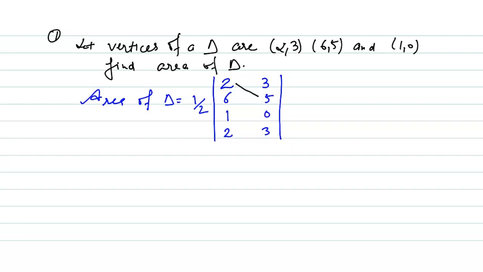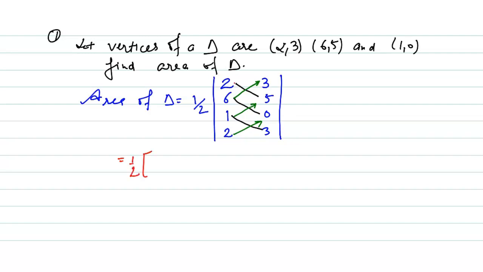So our method is to expand this. Firstly we go downside, the products downside, then we go upside. We are using a different color. Now how to simplify here? It is given by 1 by 2 in bracket.